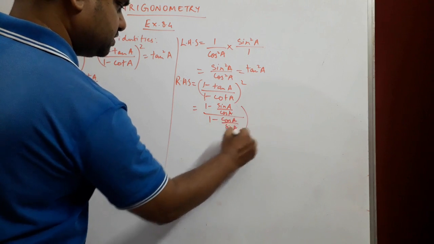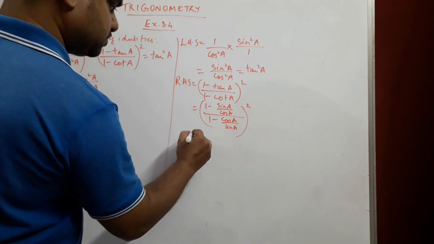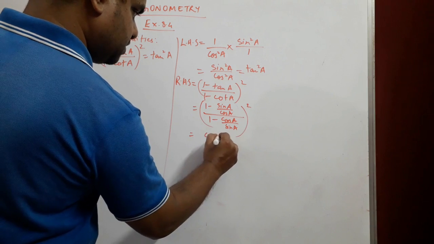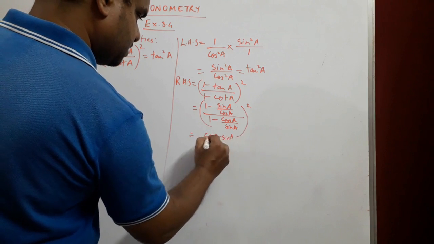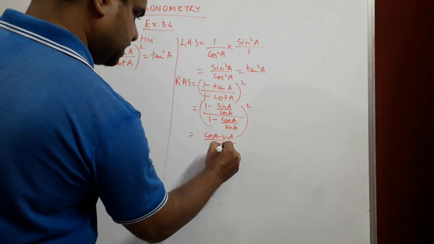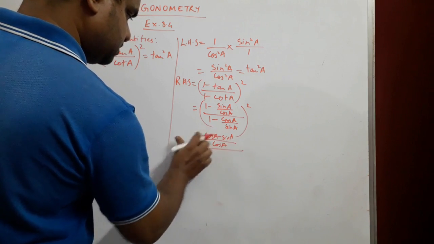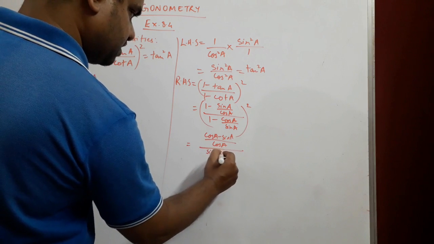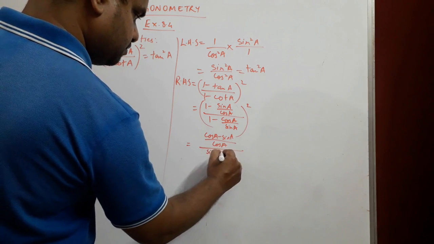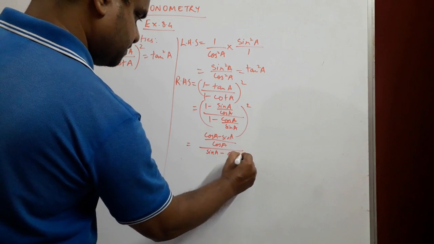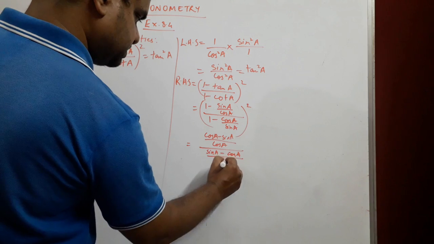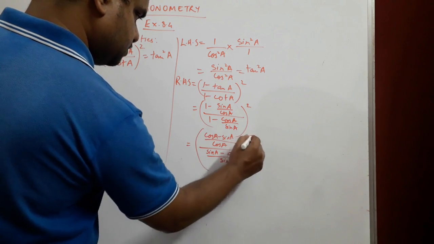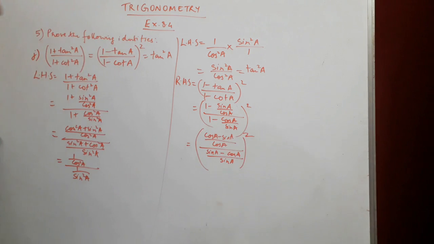Now I put the bracket to the square, take the LCM inside, we get (cos a minus sine a upon cos a) whole thing upon (sine a minus cos a upon sine a), put this in the bracket, whole square.